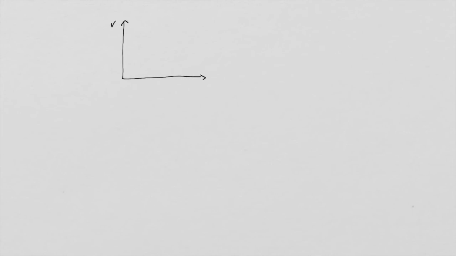So if we have a velocity time graph, then if we draw it, then you already know that the distance is given by the area under the graph. So that would be x, the distance, and you now know that the integral is the area under the graph.